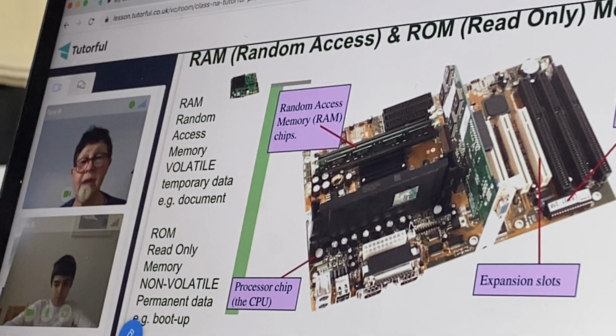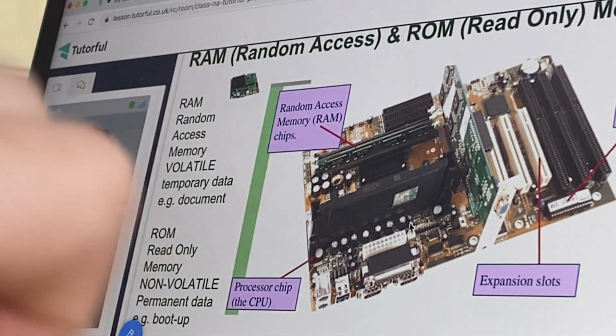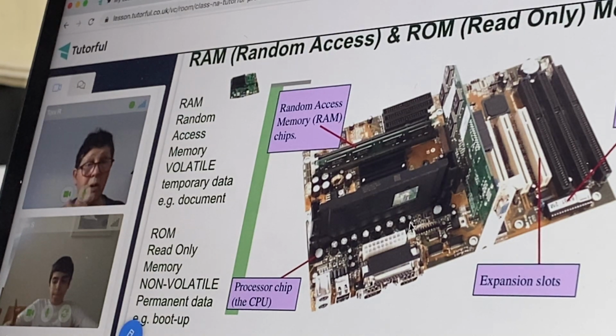In the same way that you can slot this one in, you can also slot in more RAM. So if you want your computer to perform better, you can buy a stick of RAM and put it inside your computer to improve its performance.